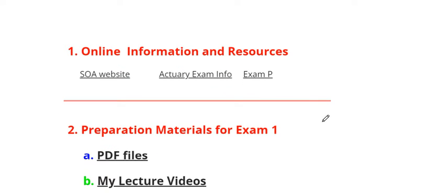For actuarial exam P1, I put some materials on my website. The SOA, the Society of Actuaries, has a website with lots of information about those exams.